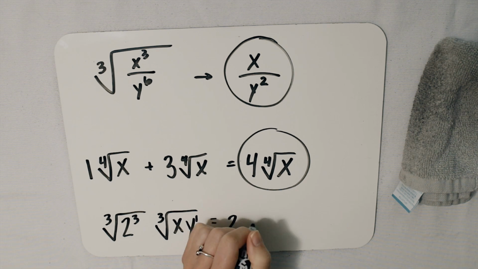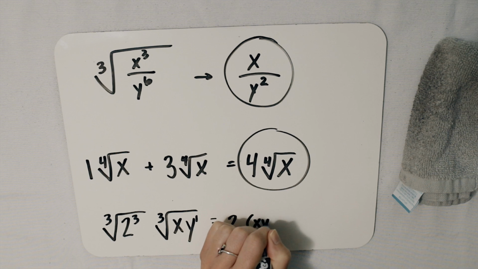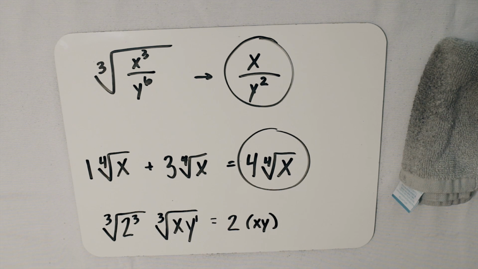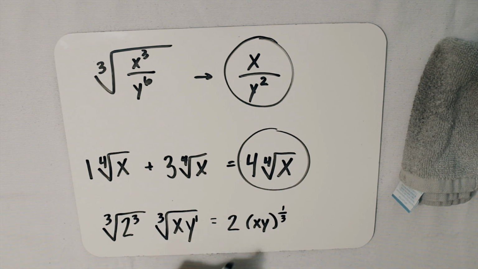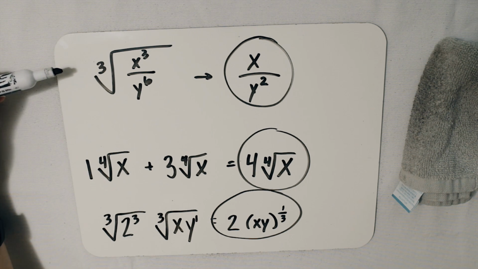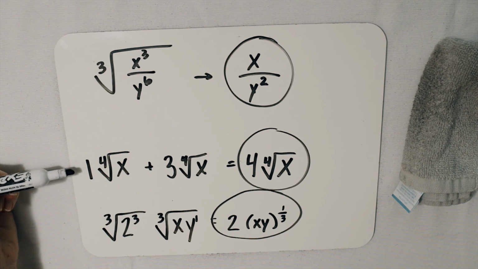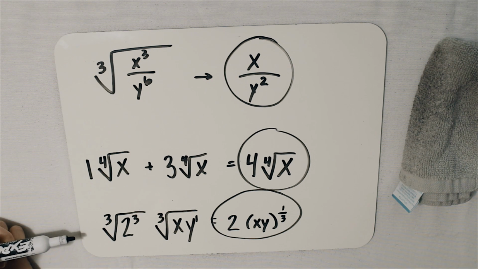So your terms on the inside stay the same, xy, and your fractional exponent is going to be 1 over your root index of 3. That is as simplified as that one goes. So it would be 2 times xy to the 1/3 power. So this is number 15, this is 16, and this one here is 18.